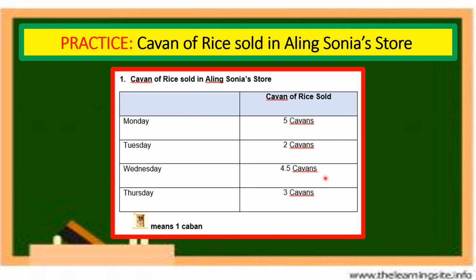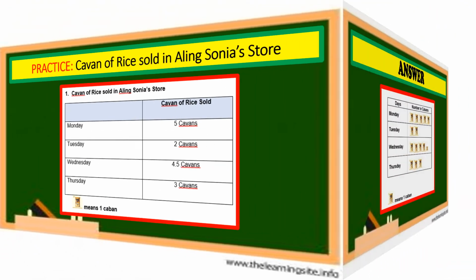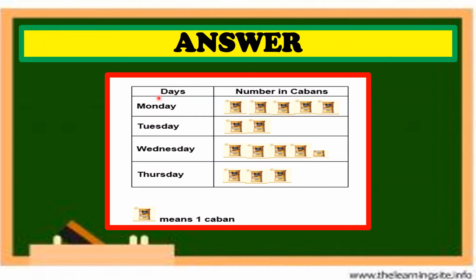Wednesday, 4.5 kabans. And Thursday, we have 3 kabans. So for Monday, we have 1, 2, 3, 4, 5, 5 kabans. Tuesday, 2 kabans. Wednesday, 1, 2, 3, 4, and 1 half, 4.5 kabans. And for Thursday, we have 3 kabans.